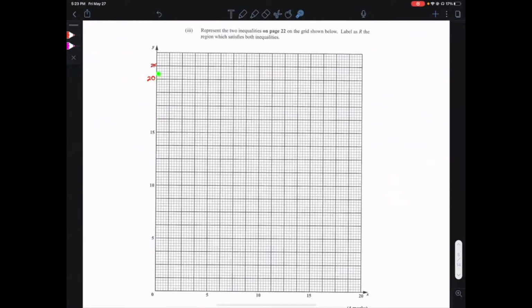So 20 is supposed to be here. They put 20 at the 5th block. So just draw up your graph just like what you see on the screen, and we're going to label the common region, because when we have an inequality, it's the common region that we are trying to find. So go ahead.